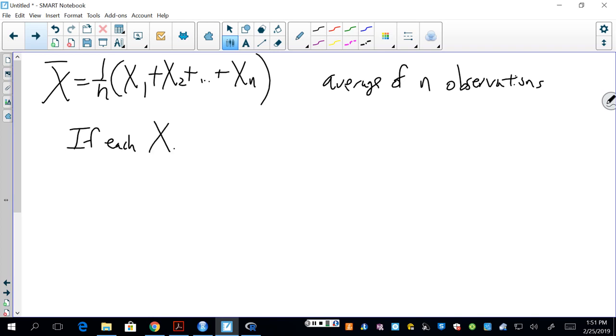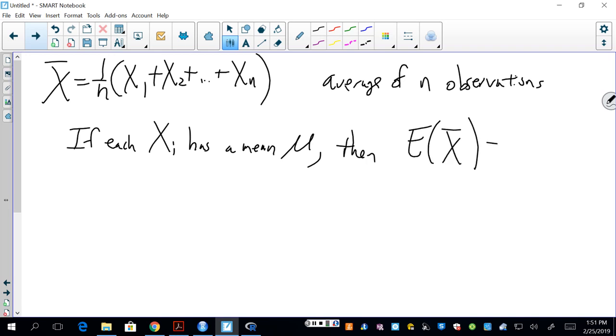Right? And so if each measurement, each xi, has a mean value equal to mu, then it is the case that the expected value of our sample average is the same thing. Now this little symbol is basically saying the average of the average is the average, right?